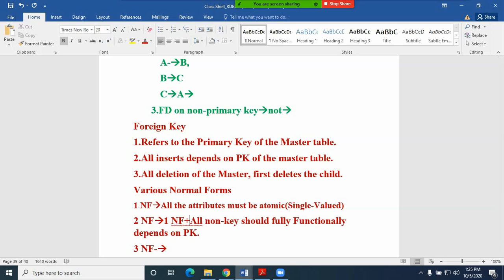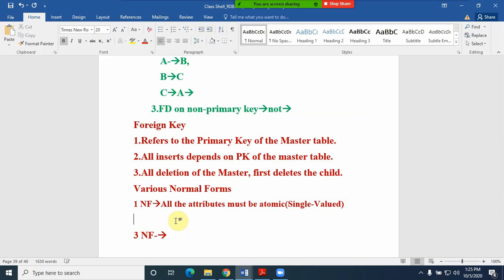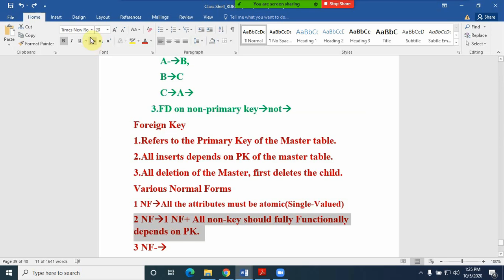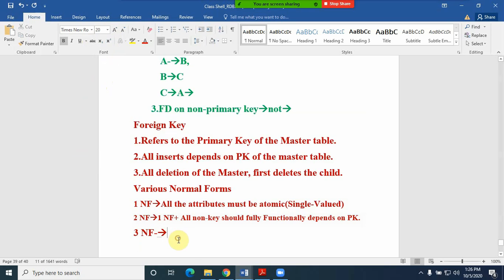So this is the second normal form. It should be in the first normal form, and it also satisfies that all the non-keys must be fully functionally dependent on the primary key.